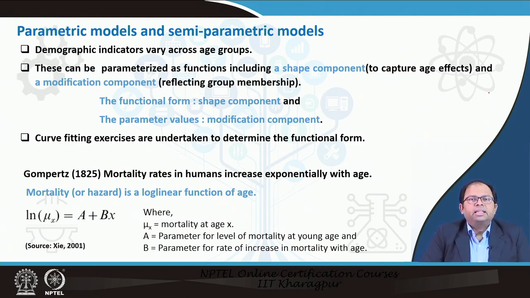We can form a relationship using certain parameters, for example that this fertility or mortality is related with a few parameters like age, gender, or a certain income group and so on. We would like to keep the number of parameters as small as possible, and there must be a function which relates these with the actual demographic indicator, which is called a shape component.